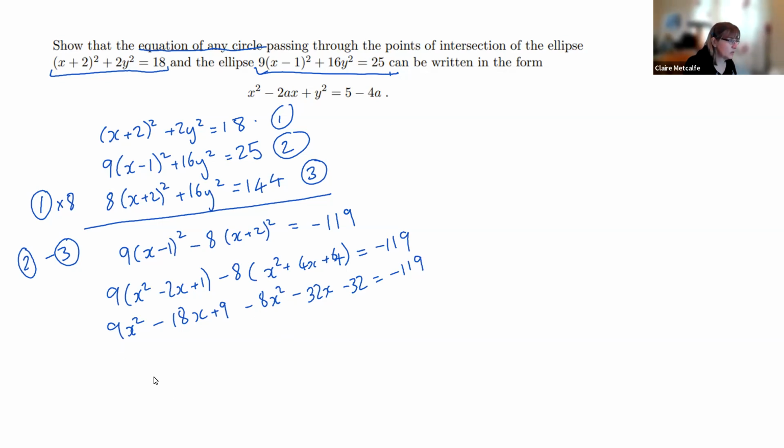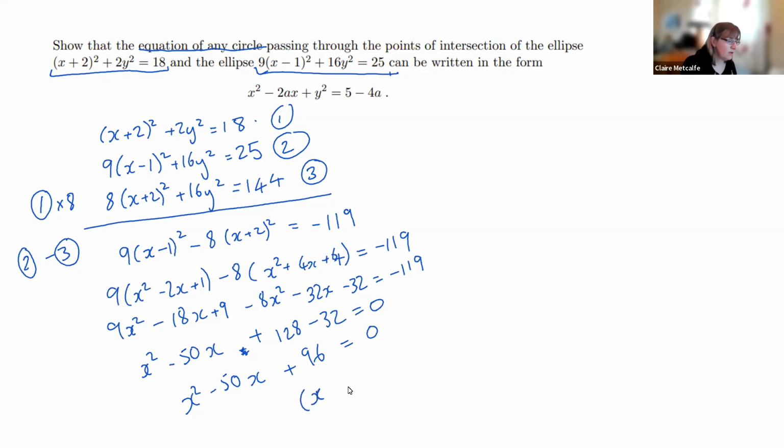Okay, simplifying this bit. 9x squared minus 8x squared is x squared. Minus 18x minus 32x is minus 50x. And then we're going to get 9 plus 119, which I'm going to do in 2 stages, 128 minus 32. So we have x squared minus 50x plus 96 equals 0.